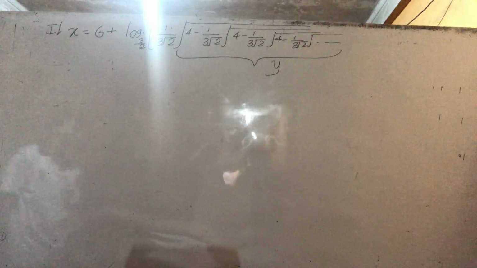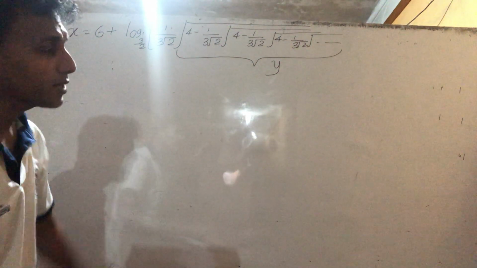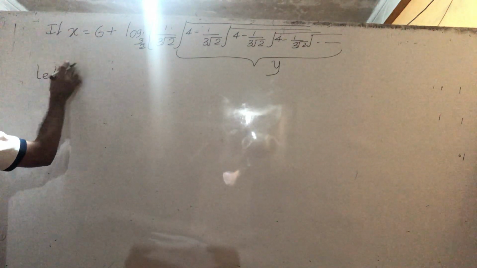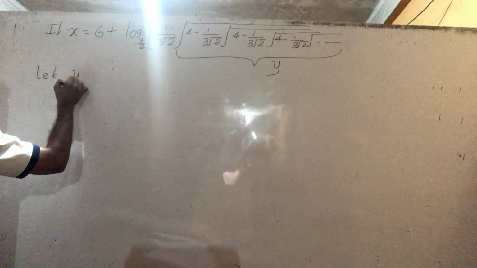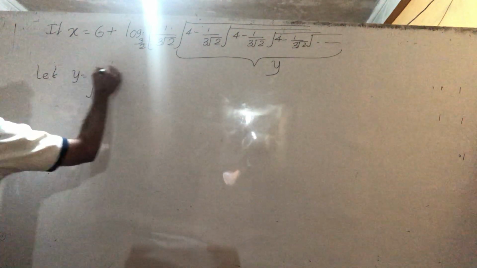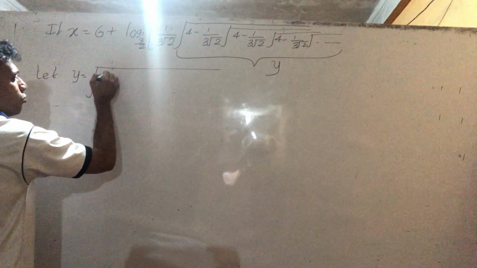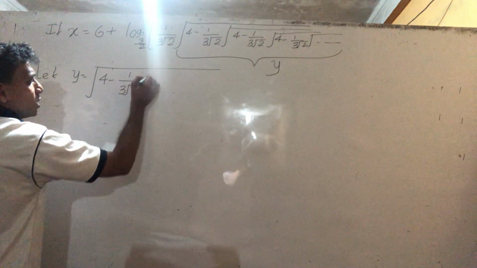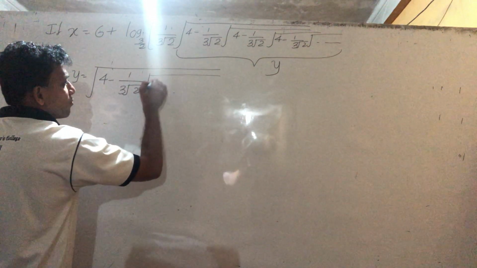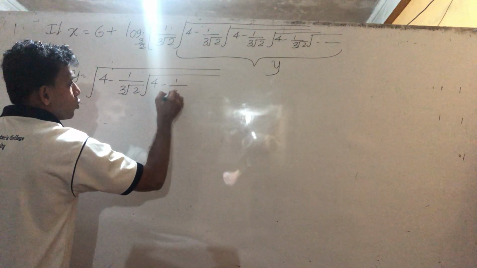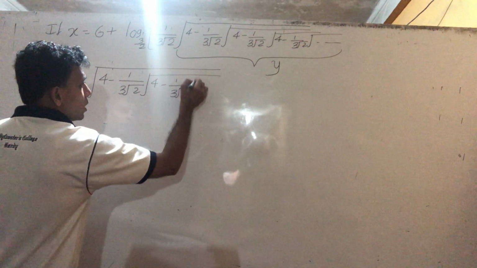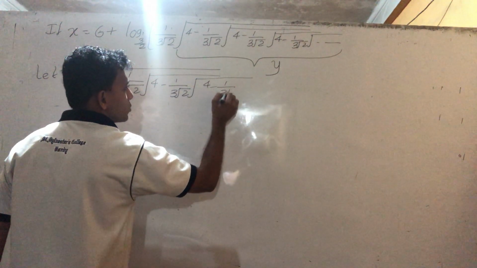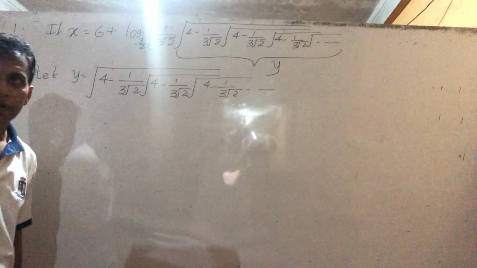So let y equal the square root of 4 minus 1 over 3 root 2 and a square root 4 minus 1 over 3 root 2, again the square root 4 minus 1 over 3 root 2, and so on, right?